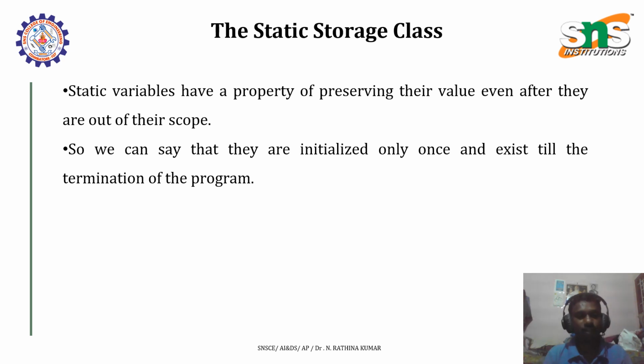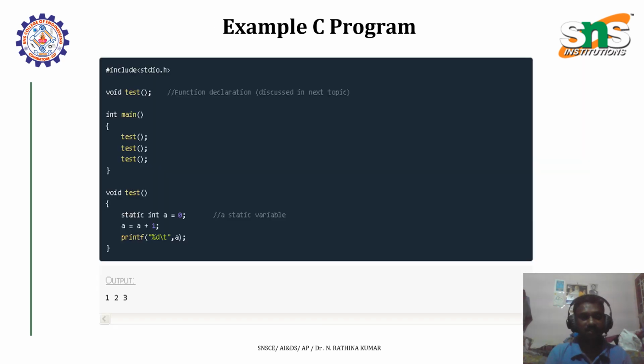The second important point is that they are initialized only once and exist until the termination of the program. This is one example program for the static variable. I will explain everything in detail. Right now, you just need to understand what is what.